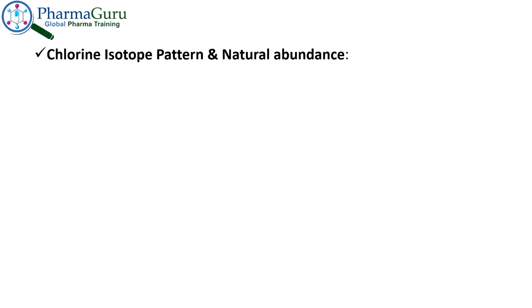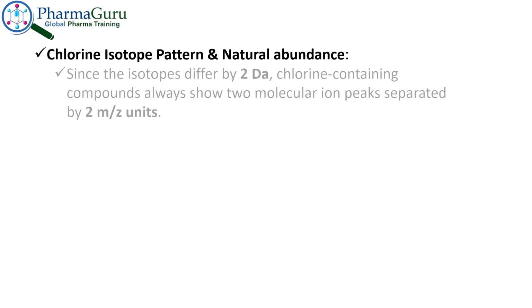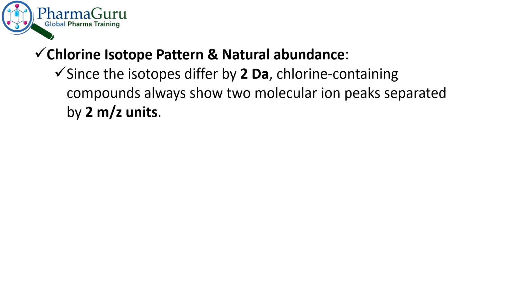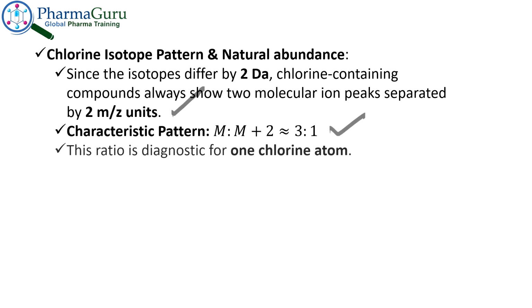Chlorine isotope patterns and natural abundance. Since the isotopes differ by 2 Dalton, chlorine-containing compounds always show 2 molecular ion peaks separated by 2 m/z units in the LCMS spectrum. Characteristic pattern: M to M plus 2 ratio approximately 3 to 1.